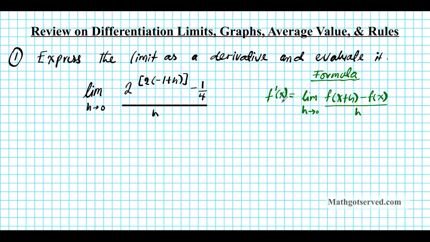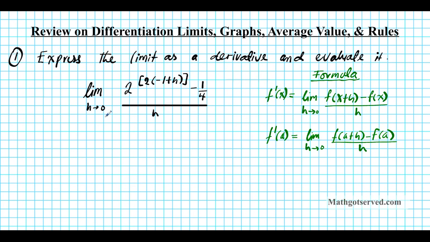This is the derivative at any point x. This limit doesn't have any x in it because it is a derivative evaluated at a point. So what is the derivative evaluated at a point using limits? F prime of a is equal to the limit as h approaches 0 of f of a plus h minus f of a divided by h. So basically, if you evaluate the limit at a point, instead of x, you have a.